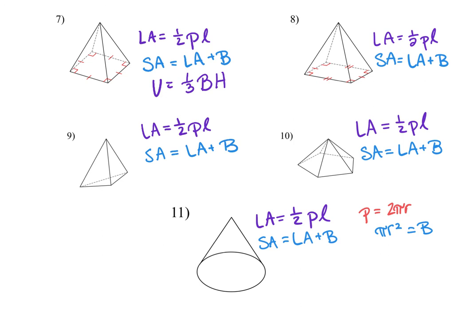So slant height is going to be what happens when you come down the side of it. Height of the prism is what happens if you take the vertex and go down to the center of the prism. And that's true for all of these, all right? The volume is going to be 1/3 the base times the height.